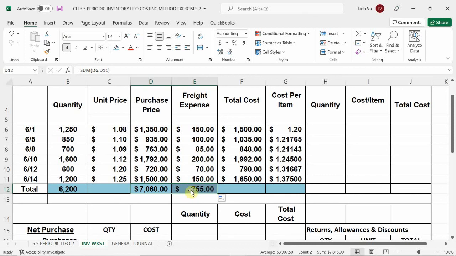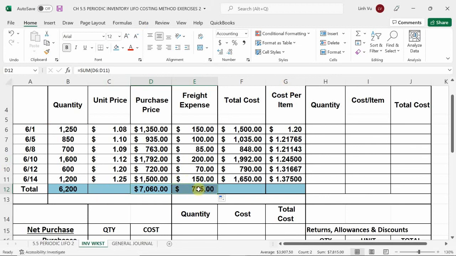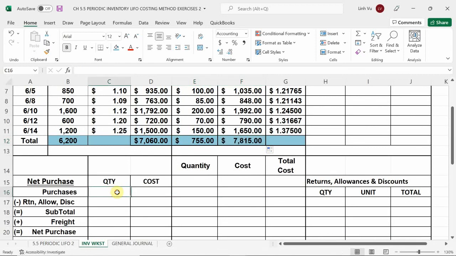Oh, it's 7. Yeah, so 5 plus 8 is 13, plus 7 gives you 20. So I should carry 2 over. So 2, 3, 4, 5, 6, 7. Yep, 755. All right, giving you a grand total cost of, so you can just add the 755 to the 7,060 to give you a total of 7,815. Okay.